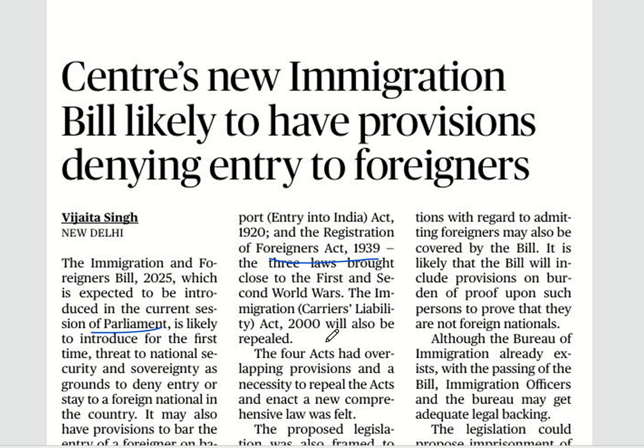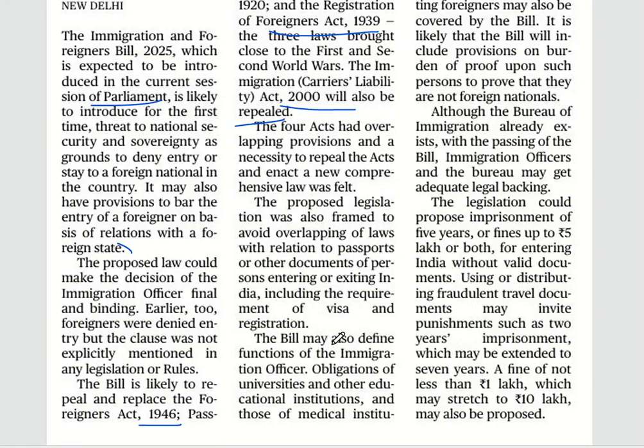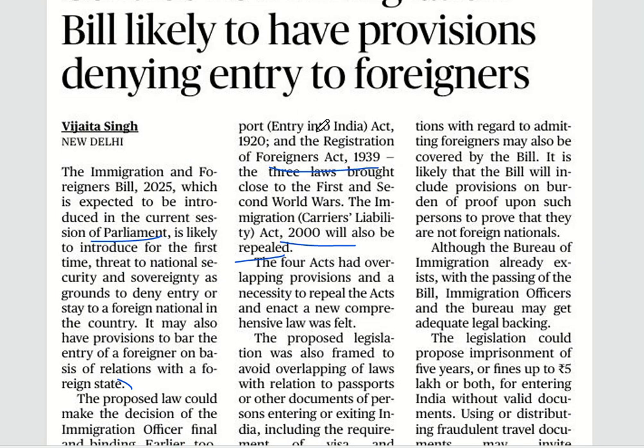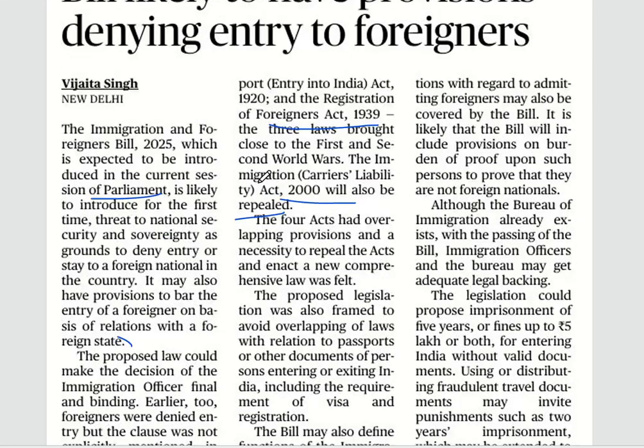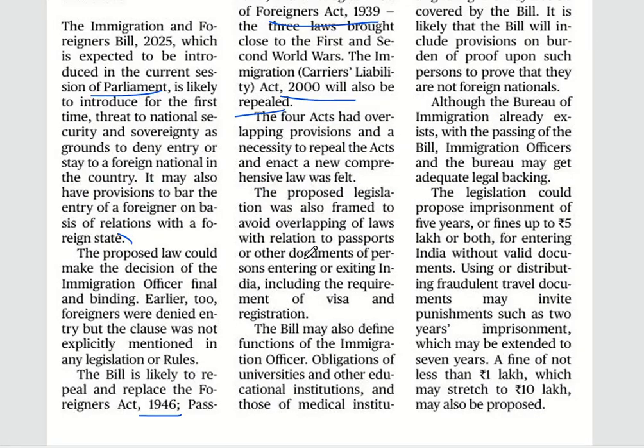The Immigration Carrier Liability Act 2000 is to be repealed. This is just the law regarding foreign entry in our country. What is the provision, and how can we avoid foreign threats in the country?